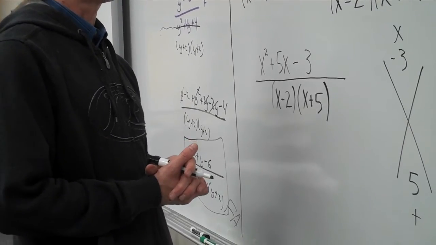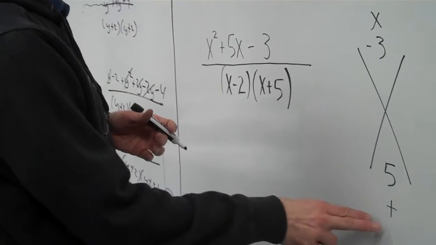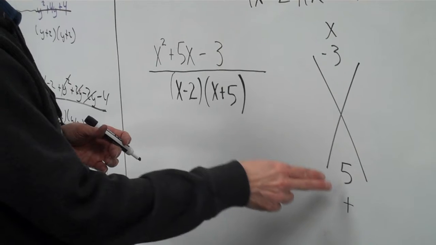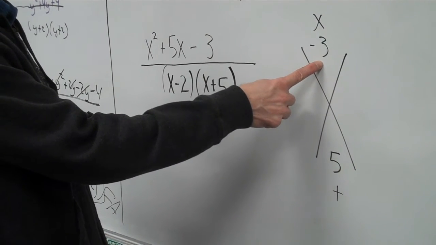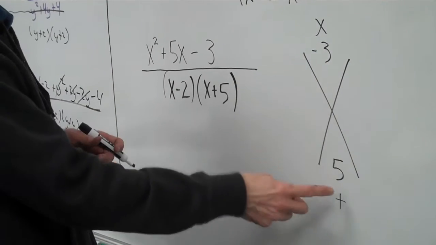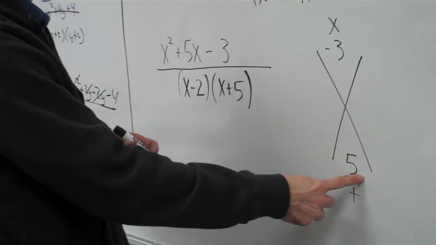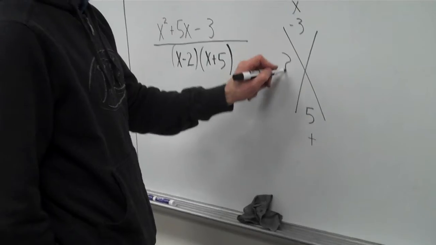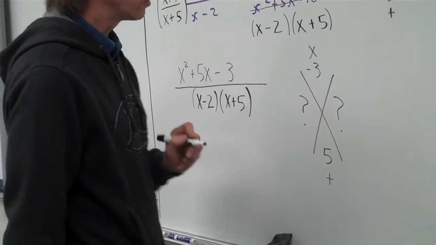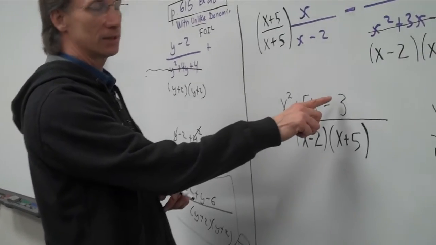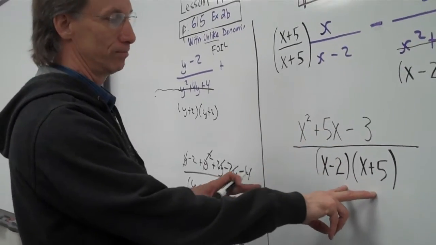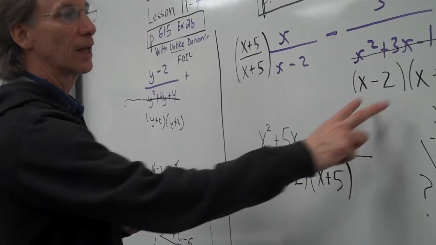Well, if you think about that, really there's going to be no way to get the numbers that you need for this, because all you can do here is 3 times negative 1 or negative 1 times 3 to get the negative 3. Neither one of those will add up to 5. So I put question marks here. It's not going to work. Can't do it. So that means that we're not going to be able to rewrite this as two pairs like we might have in other cases like we did here.